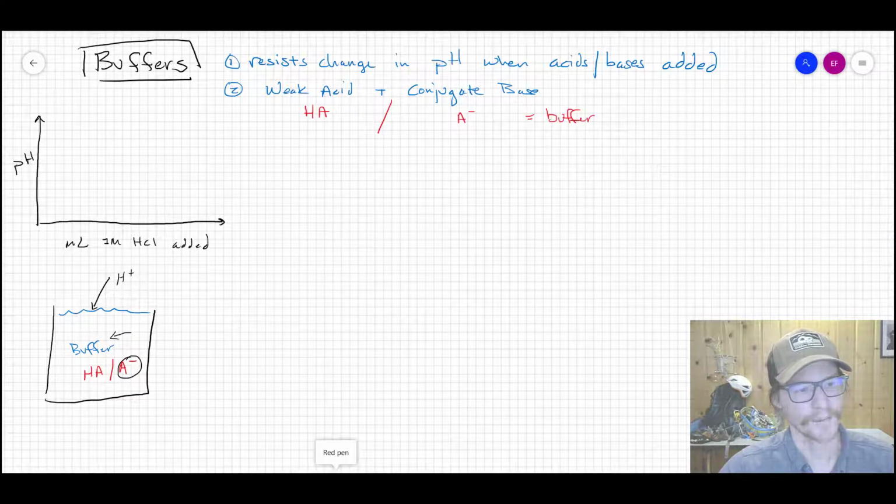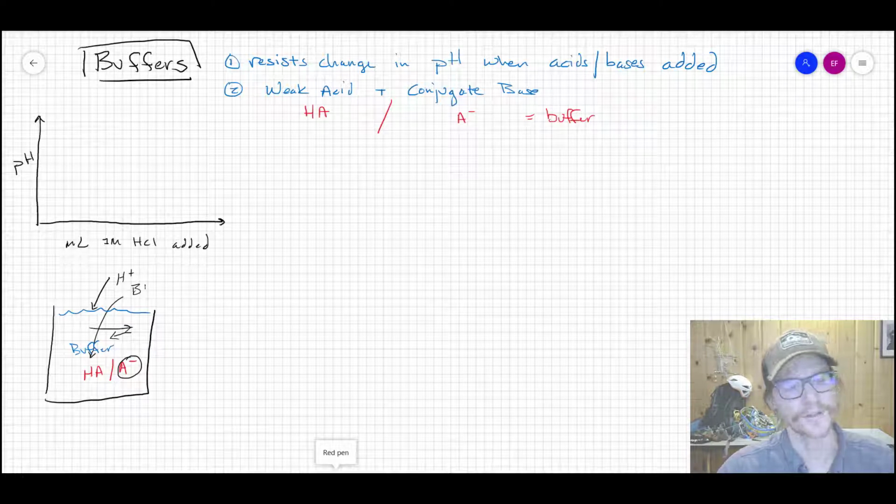If you add a little bit of base, that's going to react with the HA, and it's going to shift the equilibrium a little bit back there. And so it's the ratio of those two things, HA and A minus, that gives us a little bit of wiggle room, where we don't get major swings in pH because we have both of those to balance out any additions of H plus or base.